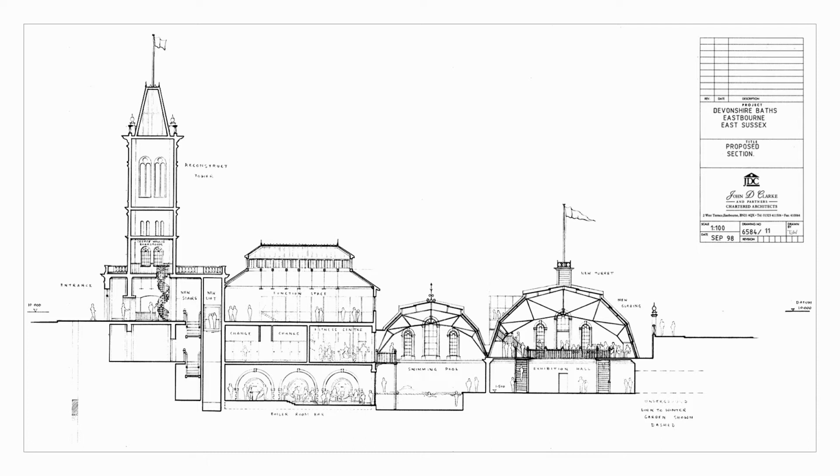Local men who wanted to promote swimming and well-being in the town. But very soon after, the Duke of Devonshire got involved and became one of the directors of the Devonshire Baths Company, which was then renamed the Devonshire Park and Baths Company. So the Duke becomes a major shareholder.